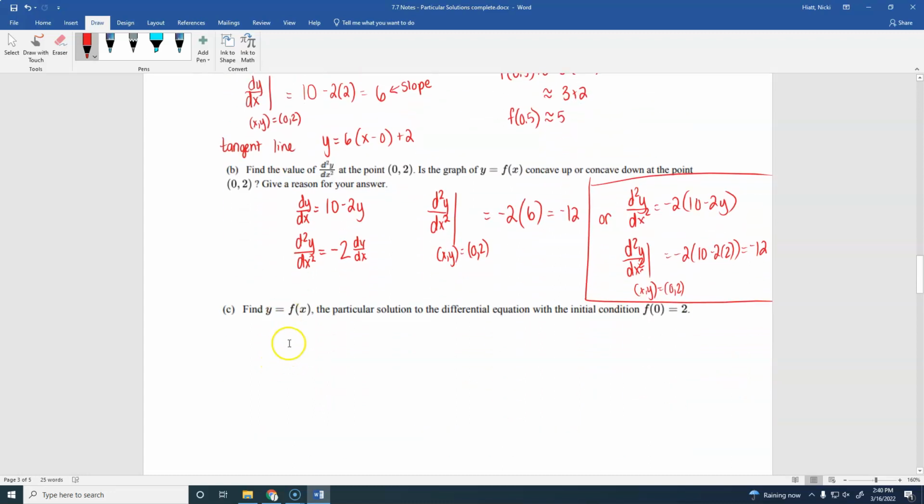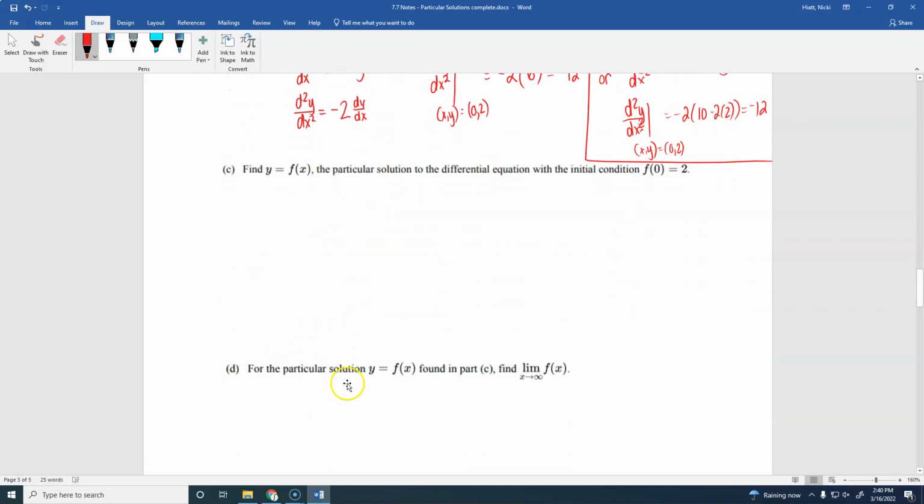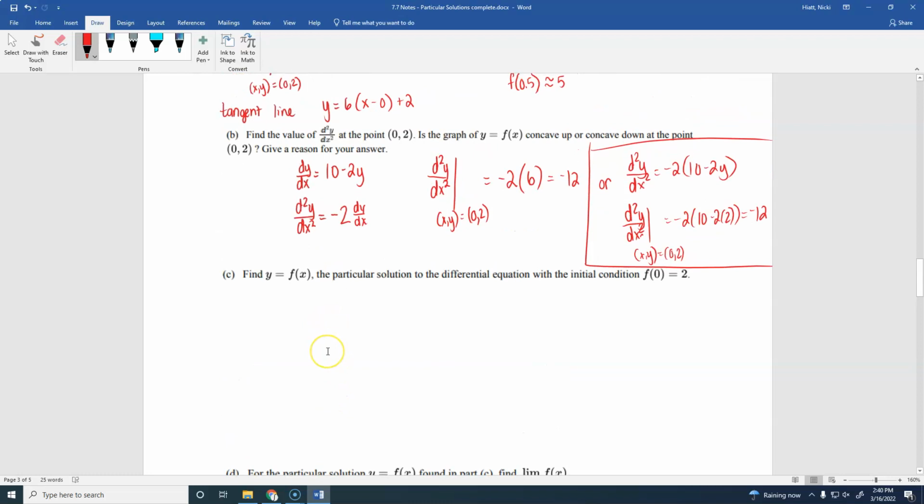Okay, and then typically for these, this is actually not the last part. It does ask you to do something else after this. But typically for these, the last part is going to be that you have to solve the differential equation. So we've got dy over dx equals 10 minus 2y. All right.